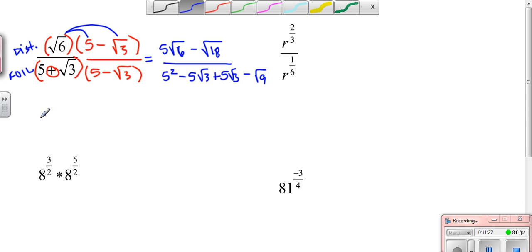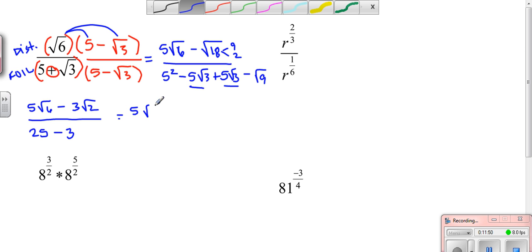When you do first, inside, outside, last, start cleaning things up. 18 is 9 times 2, so I have 5 square roots of 6 minus 3 square roots of 2 all over 25 minus, plus cancel, minus 3. And so I have 5 square roots of 6 minus 3 square roots of 2 all over 22. Take a quick peek. Do 5, 3, and 22 have anything in common? Nope. That's your final answer.